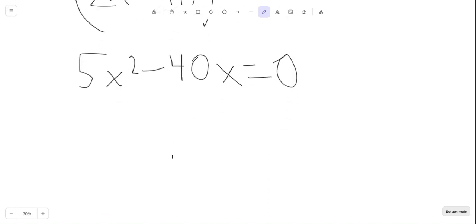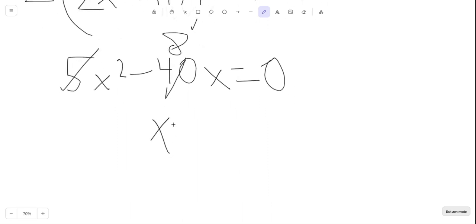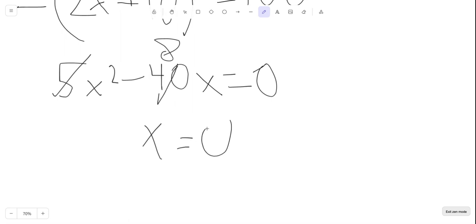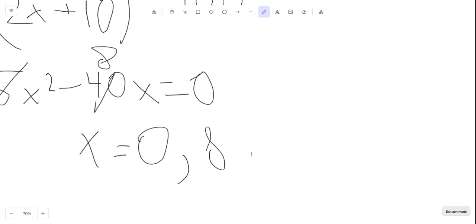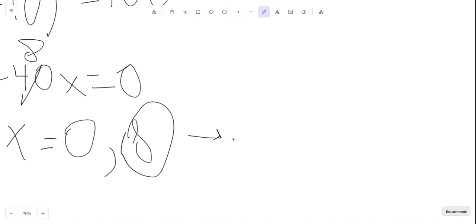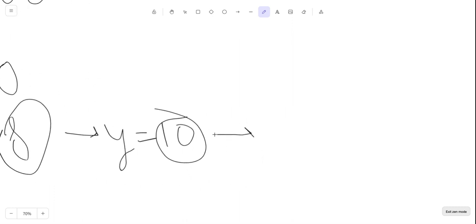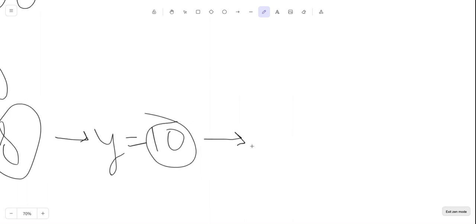So luckily we don't have to factor a big quadratic. Divide both sides by 5, and we get x squared minus 8x equals 0. So the roots are x equals 0 and 8. Obviously x is 8, and then since x plus y equals 10, y equals 10, and since z is x plus 10, z equals 18.